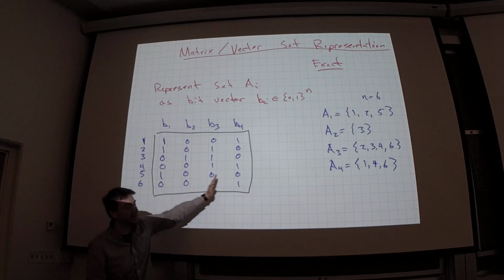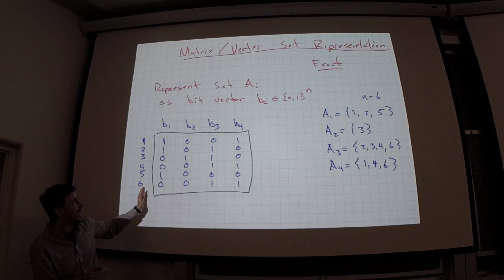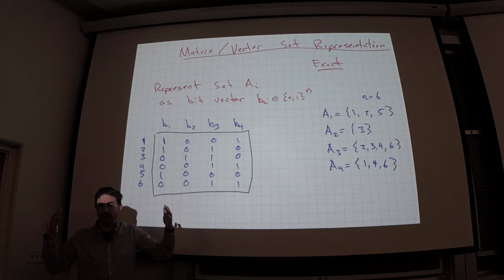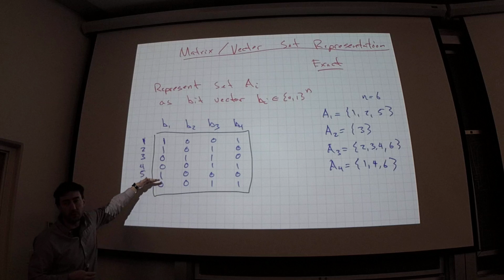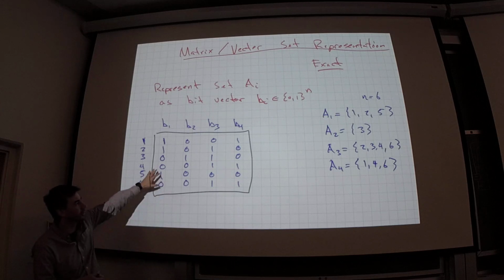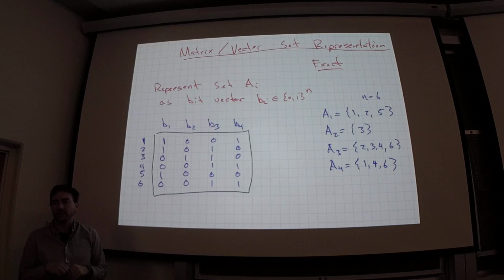A set of vectors is just a matrix: if I have k different sets, those are the k columns, and each of the n rows corresponds to a possible element in each of the sets. So I've got this alternative representation, which is going to be more natural for most of this class and for thinking about these problems.